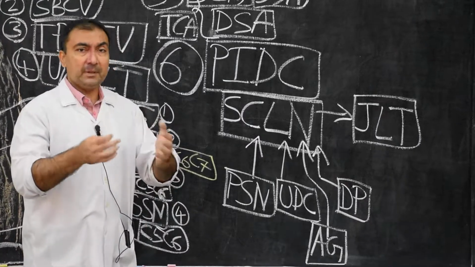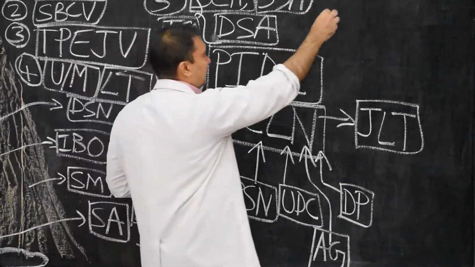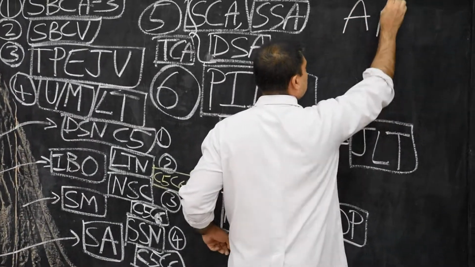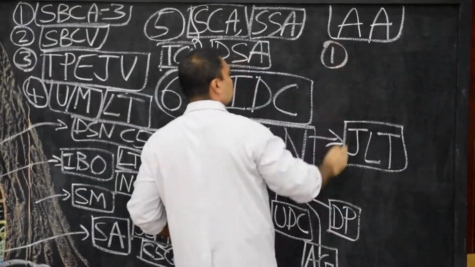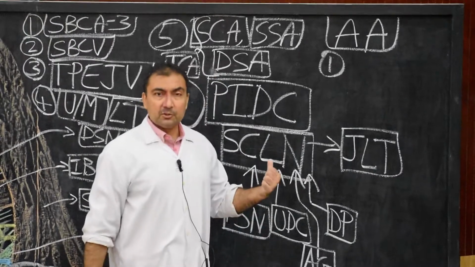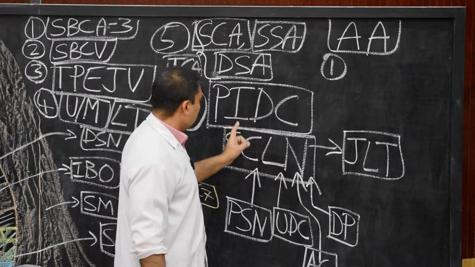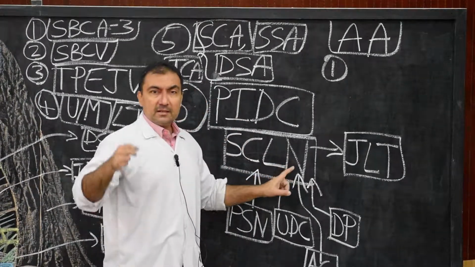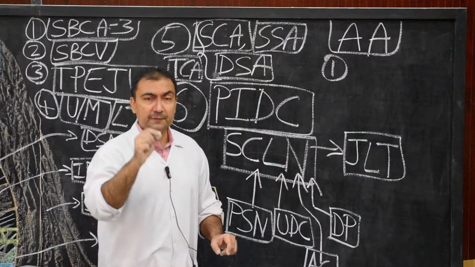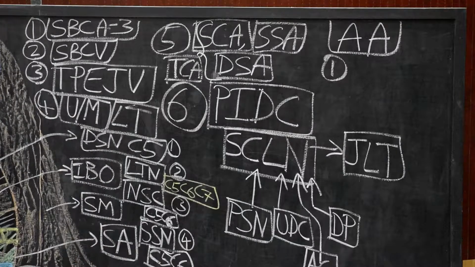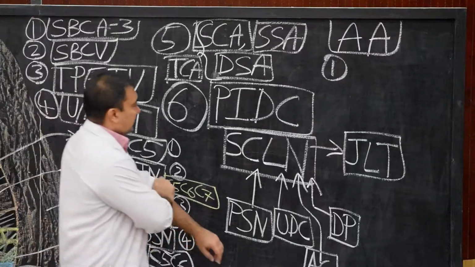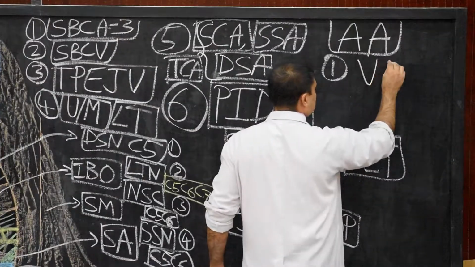Now applied anatomy. First point is enlargement of the supraclavicular group of lymph nodes. If the left supraclavicular group of lymph nodes is enlarged, they are known as Virchow's lymph nodes.